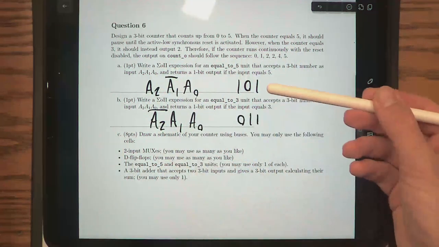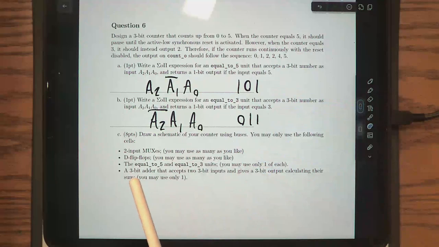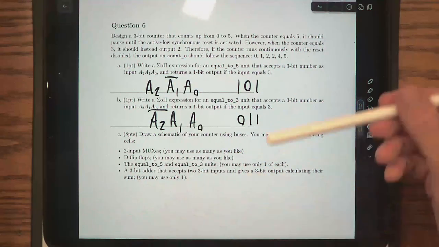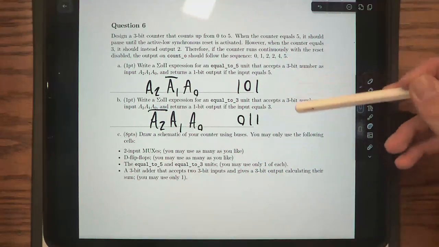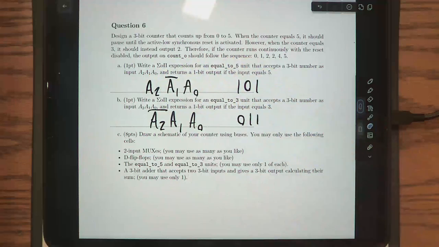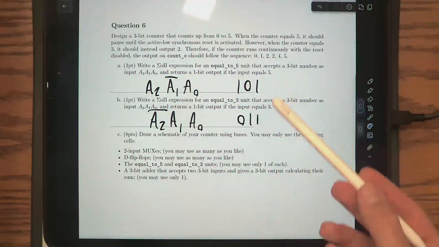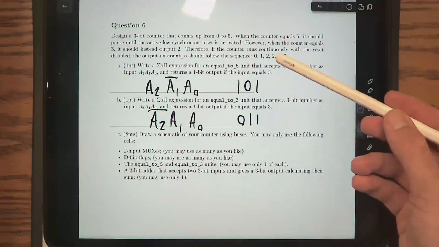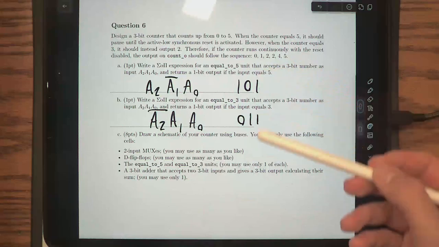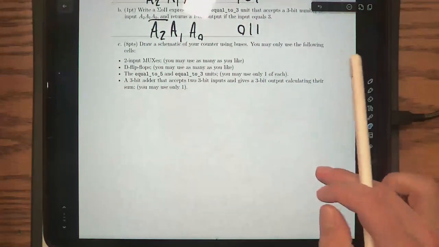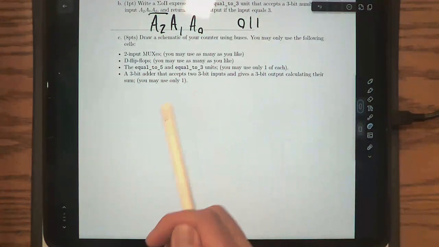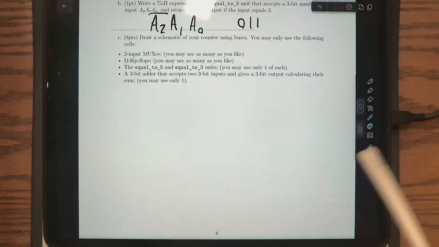You are also given an equals-to-5 and an equals-to-3 unit, which you had to implement here. And this is how you implemented them. Hopefully this is what you got for your answer. But then down here, let's try to make a schematic that implements this.